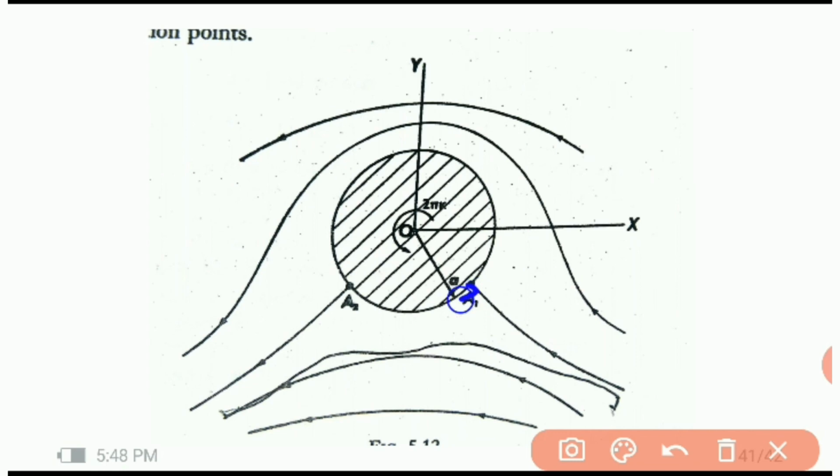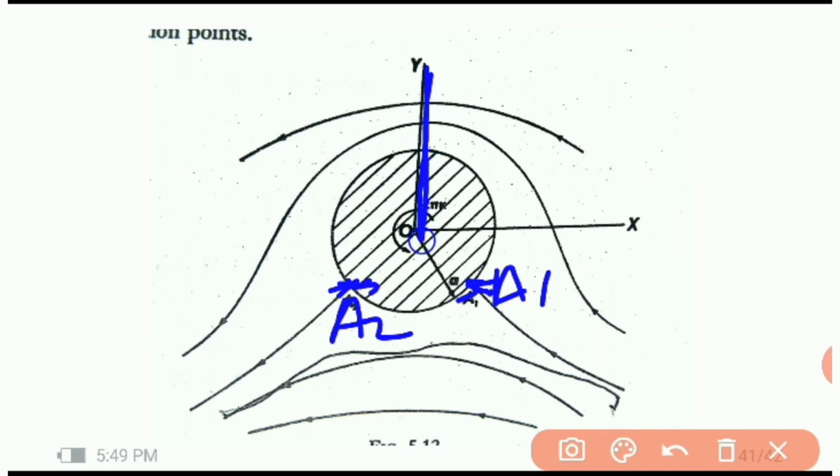The points A1 and A2 being the stagnation points, at the points A1 and A2 the pressure is a maximum, and so the effect produced on the cylinder is a tendency to lifting in this direction OY.